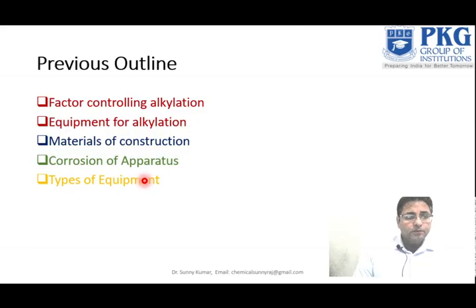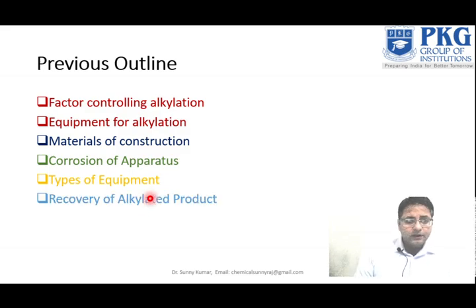The types of equipment, which type of instrument we use, is also a very important parameter, and so is the recovery of alkylation products. And the last one is safety. Safety is also a very important parameter for this alkylation reaction.